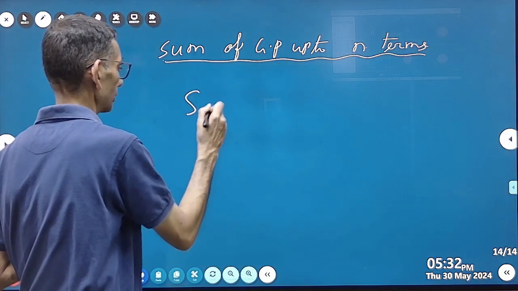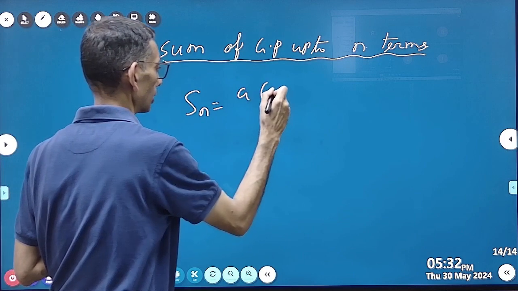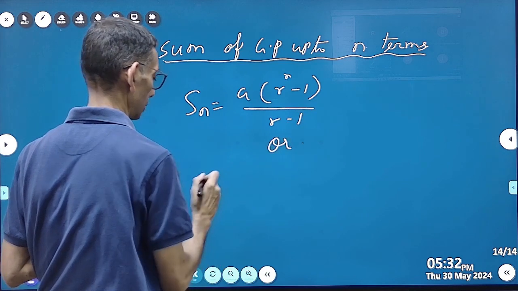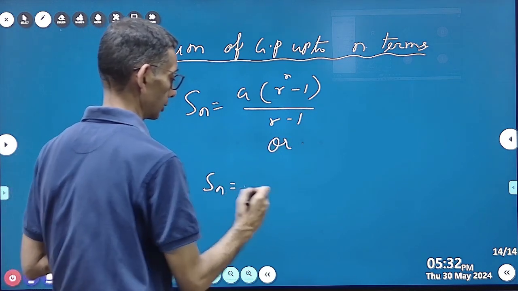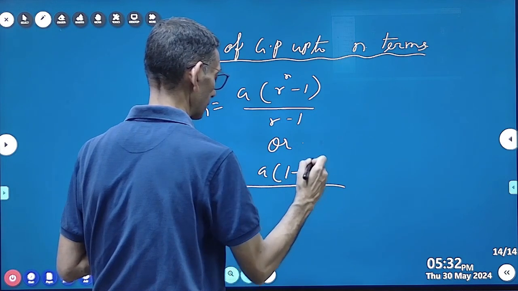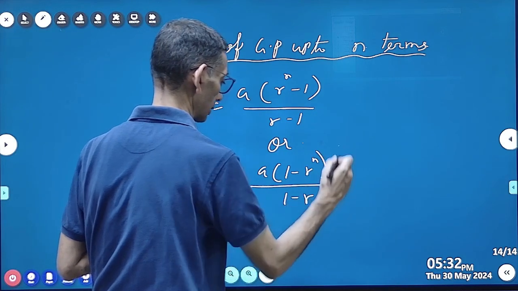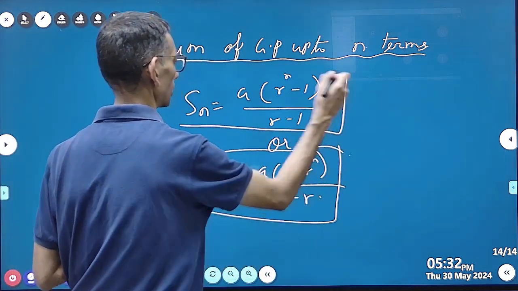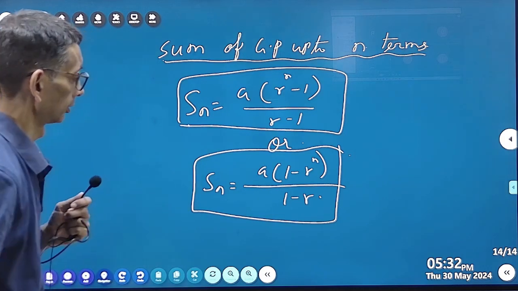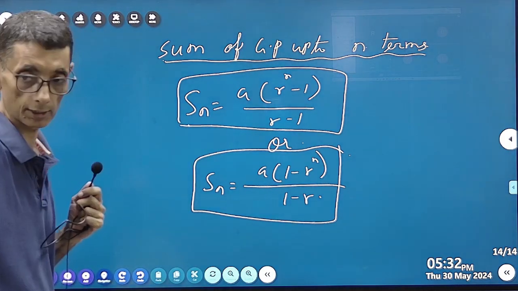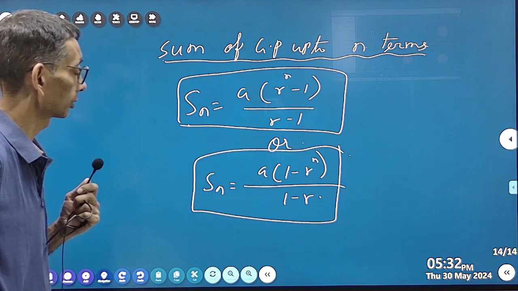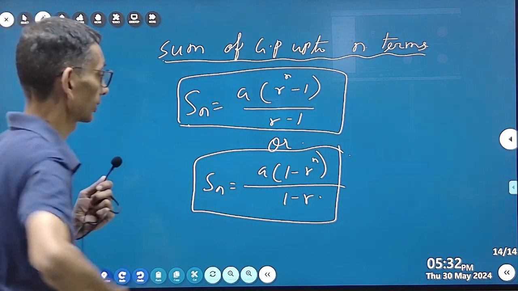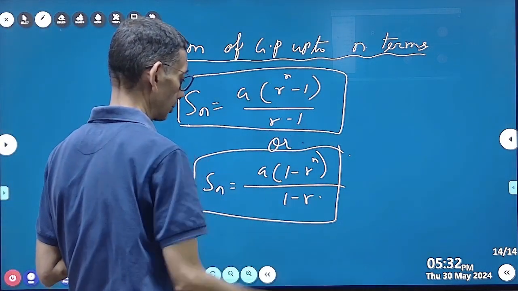So Sn is equal to A into R to the power n minus 1 divided by R minus 1, or Sn is equal to A into 1 minus R to the power n divided by 1 minus R. This is the sum up to nth term. We can write the same formula in reverse order, 1 minus R to the power n divided by 1 minus R.